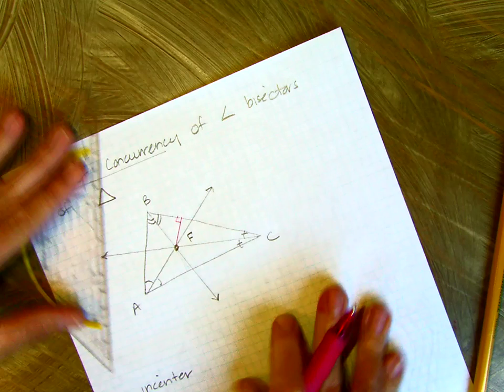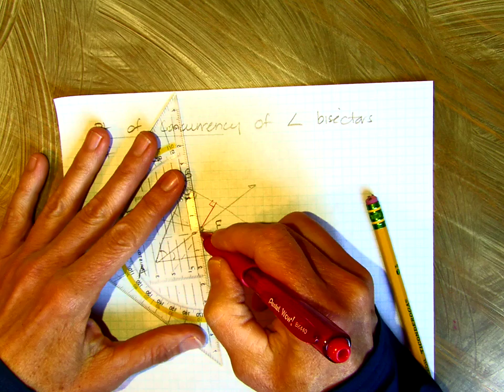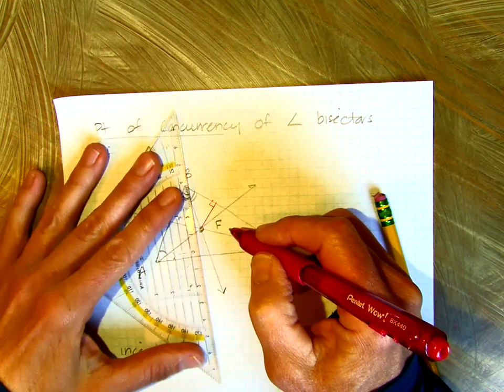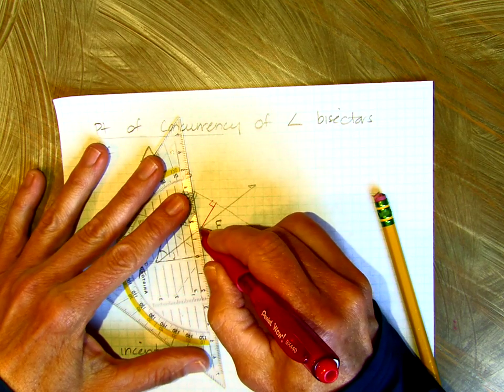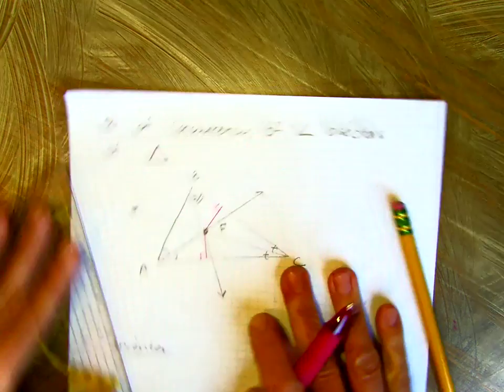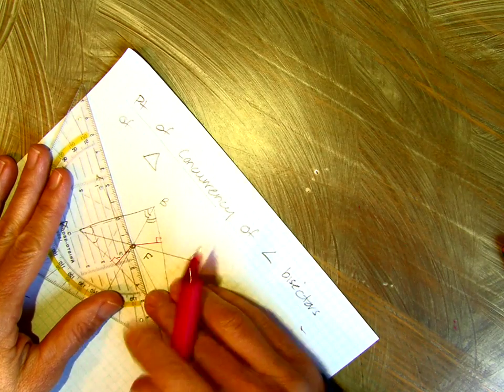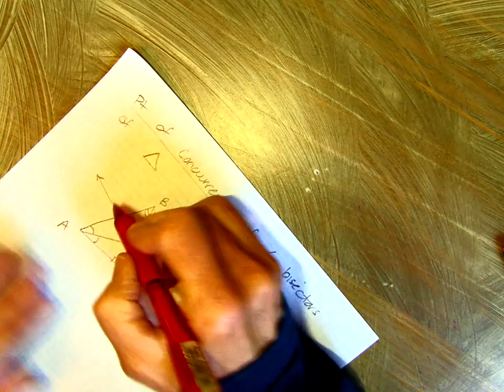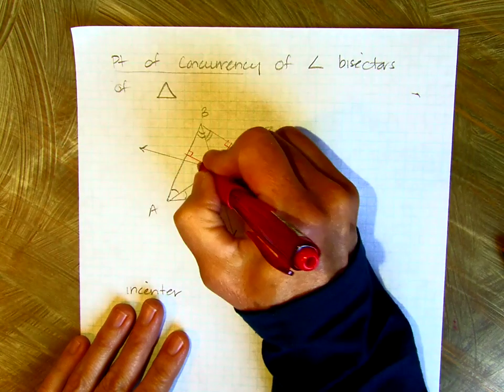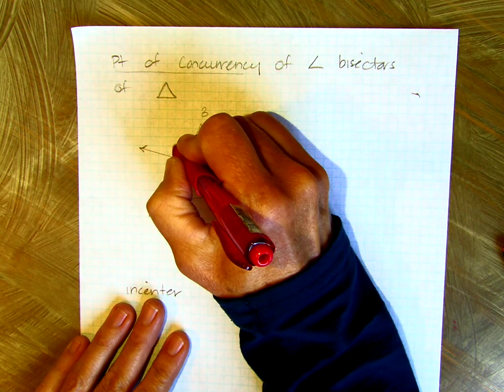So how do I measure from here to here? It's got to be perpendicular. To here, it has to be perpendicular. And how do I measure from here to here? It has to be perpendicular.